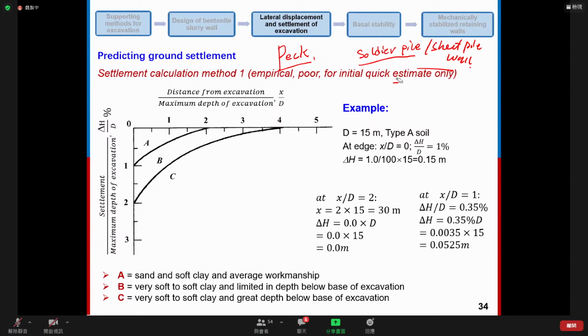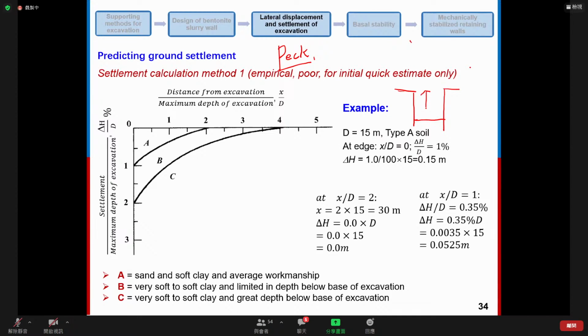Okay, let's go through this method. For this method, we have a design chart here. So here we have the distance from the excavation X, normalized by the maximum depth of the excavation. So here we have the excavation.